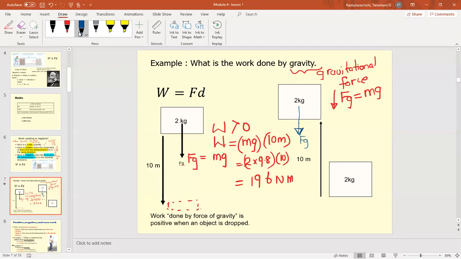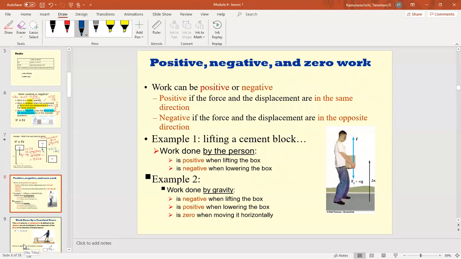These are in the opposite direction. Therefore, your work done by gravity in this case is negative. You would get the same number but negative, 196 joules. It's the same story. You can read this. It's the same thing I just explained.